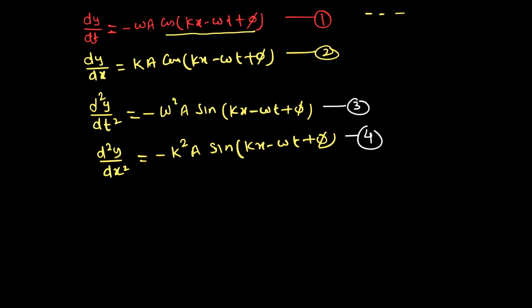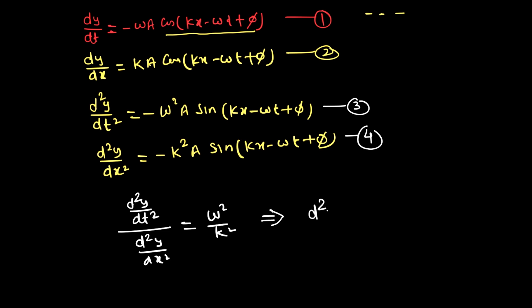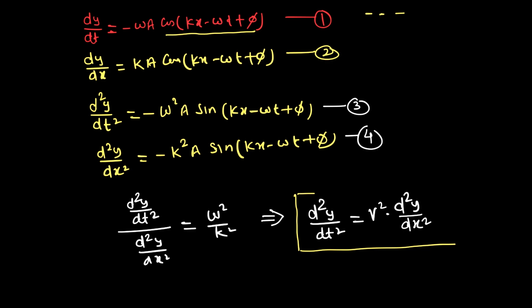Now if I divide these two equations, I get d square y upon dt square divided by d square y upon dx square, that should equal omega square by k square. And omega by k is v. So if I simplify this equation, d square y upon dt square is equal to v square times d square y upon dx square. So this is the condition for a progressive wave. If any equation represents a wave, it must satisfy this equation.